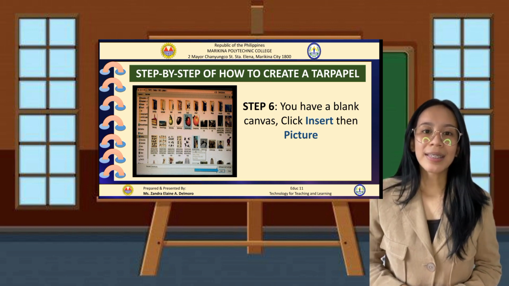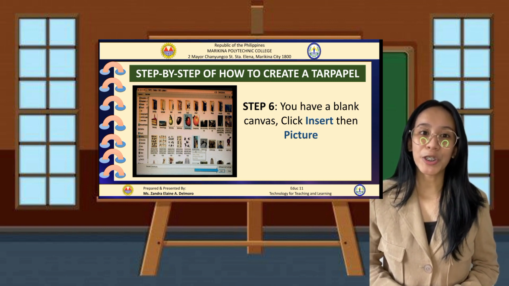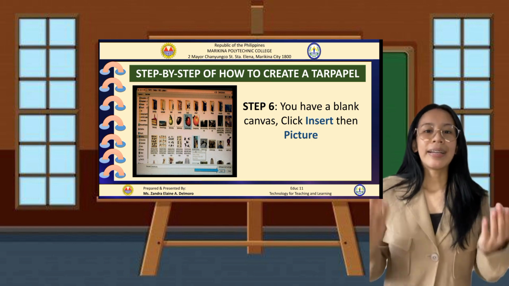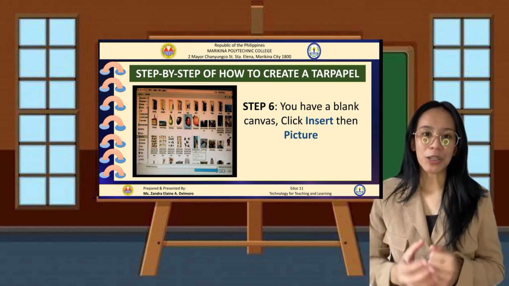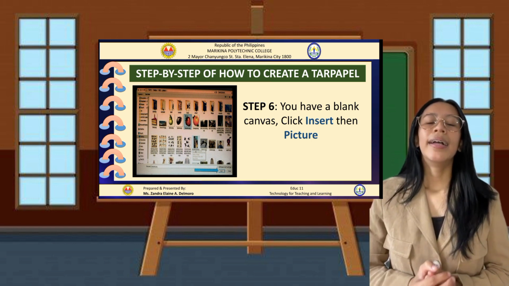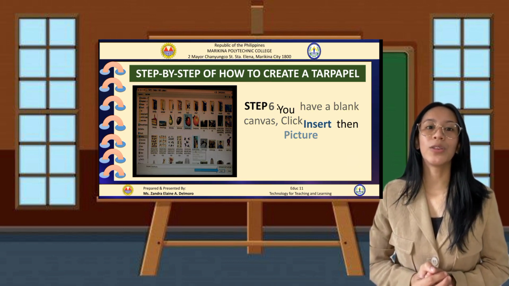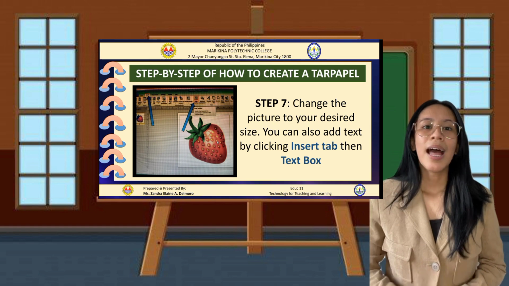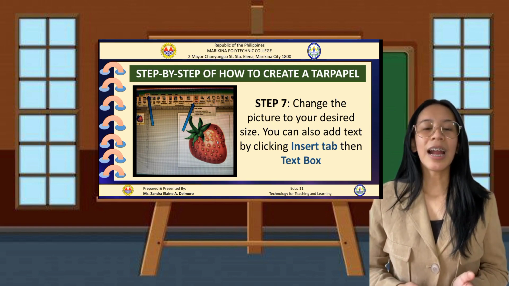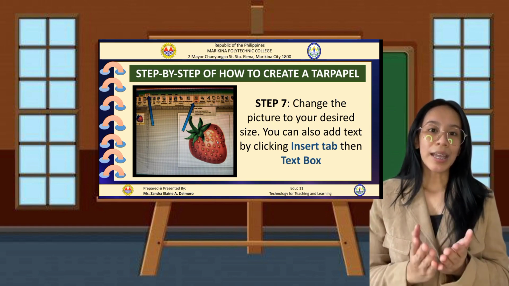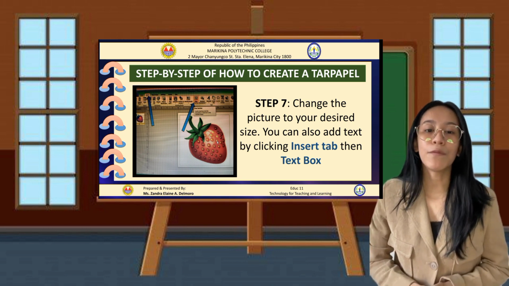For the next step, you can now choose a picture that you want. Click Insert, then Picture. Now, you have the picture that you want to make into a tarpapel. You can change the picture to your desired size. You can also add text if you want.